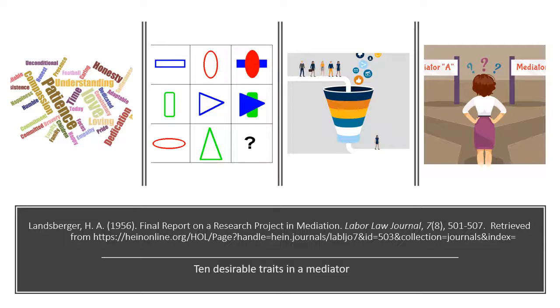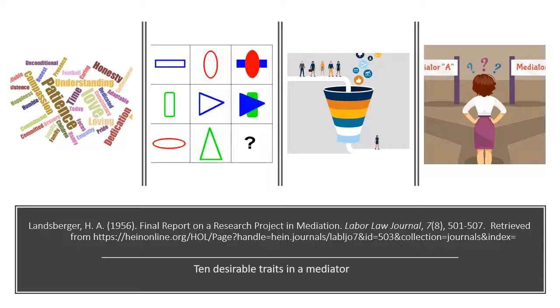So taking a closer look and actually looking at Landsberger's paper from 1956, he actually listed 10 characteristics that a mediator would have to have to be thought of as a good mediator.